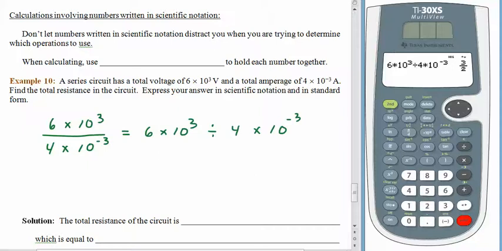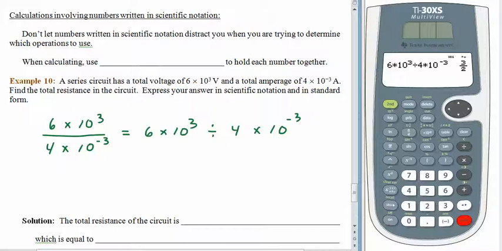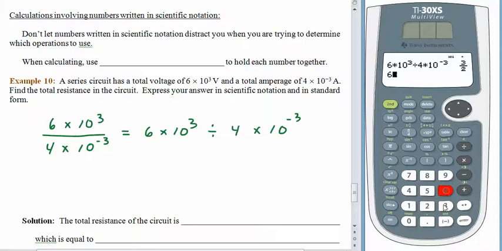So the question is, where's the mistake? And you remember a long time ago, we talked about order of operations. We have a bunch of multiplications and divisions here. They all have the same priority, which means that we do them from left to right. So if we had 6 times 10 to the 3rd, we would get 6,000.